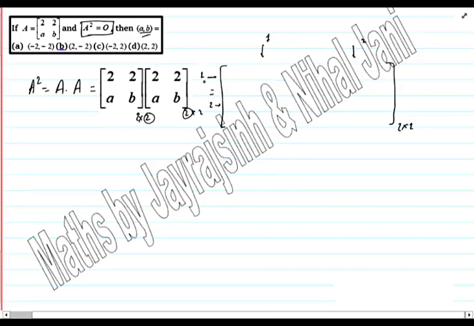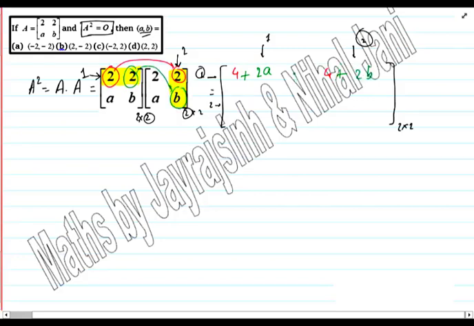The first element is in first row and first column, so select first row and first column and then multiply the corresponding terms. 2 2s are 4 plus 2a is 2a, right? Now the next element is in first row and second column, so let's select first row and the second column and multiply corresponding terms. So 2 2s are 4 plus 2b's are 2b.